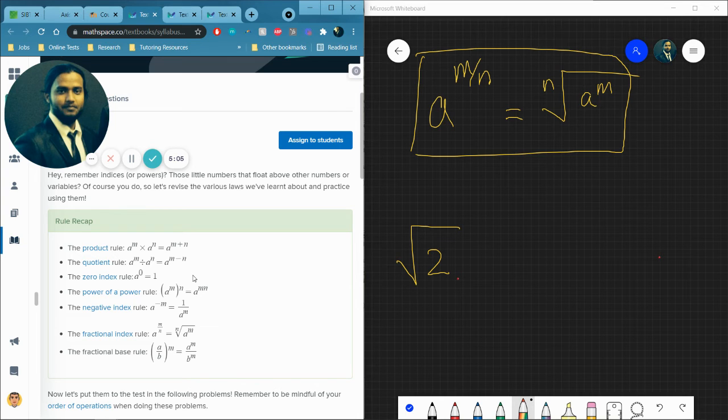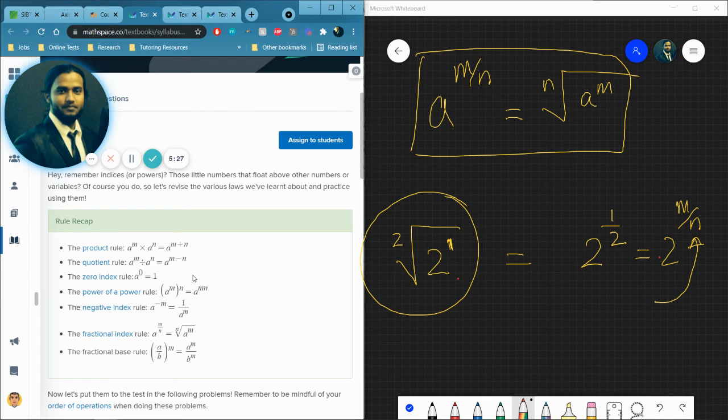You would write 2 to the power half. 1 is here and 2 is there, so in other words this is your m over n. If you ever forget, always come back and look at square root of 2 and see where m and n are, and then you can do it accordingly.